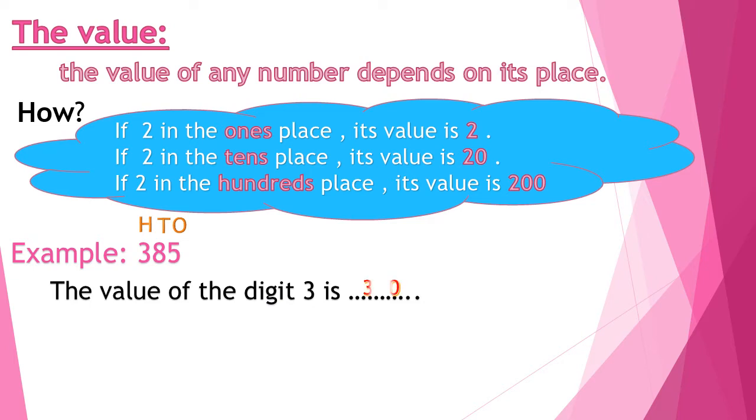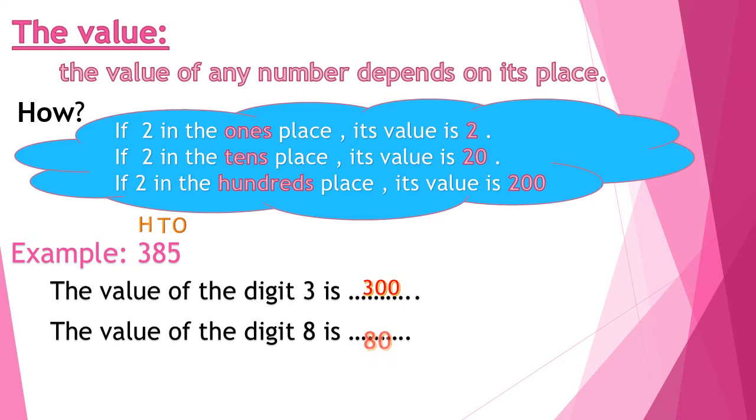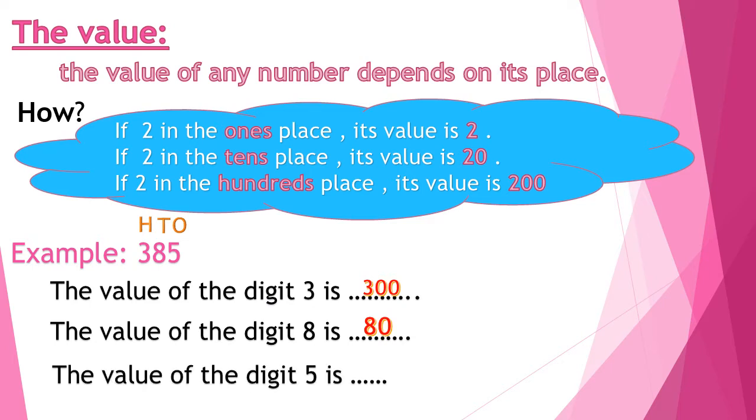We put 2 zeros. 300. The value of the digit 8 is what? 8 is in tens, so we put 1 zero. The answer is 80. The value of the digit 5: 5 is in ones. No zeros. So we write 5.